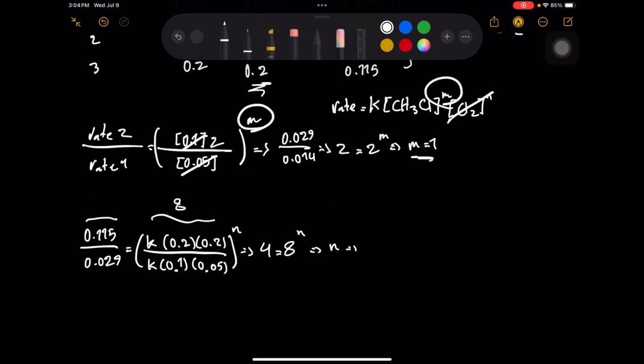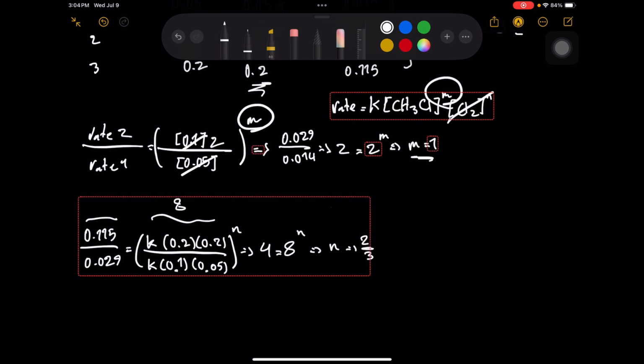What is n now? n is 2/3. The order of the reaction for Cl2 is 2/3.